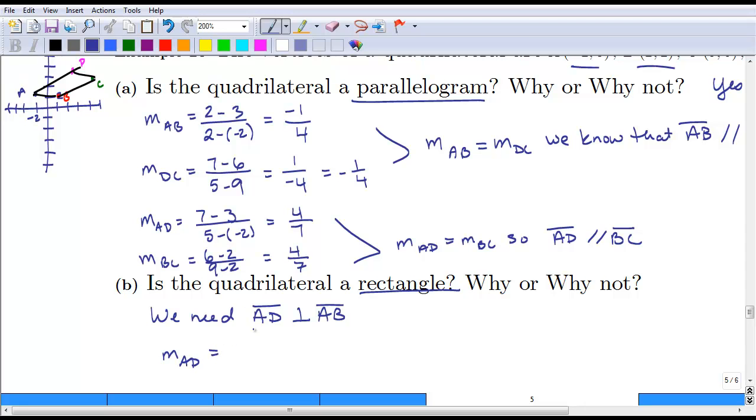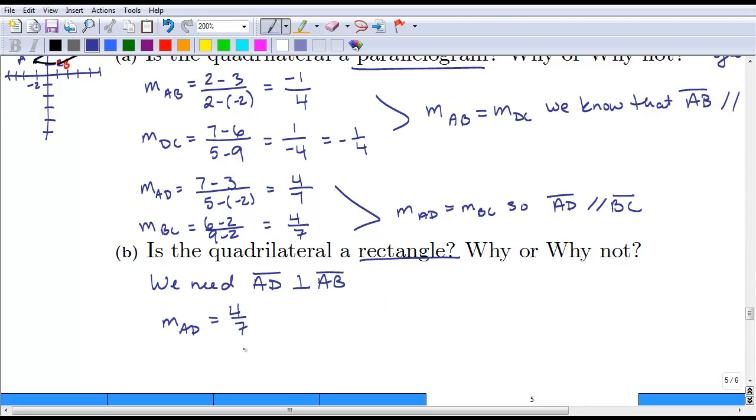m_AD we found to be 4/7, and m_AB we found to be negative 1/4. These are not negative reciprocals. So 4/7 is not the negative reciprocal of m_AB, which is negative 1/4.